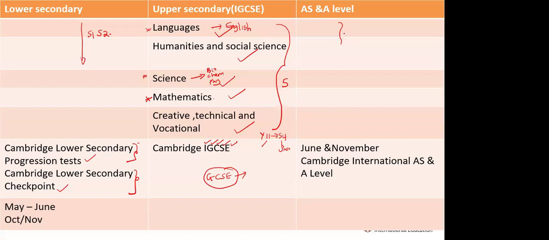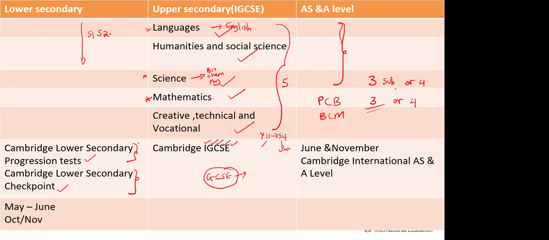Here, the child at AS and A level has an option of taking 3 subjects or more. A child can take 3 subjects or 4, but many of them go with only 3. So you find a child doing PCB, BCM, any combination as long as it has 3.